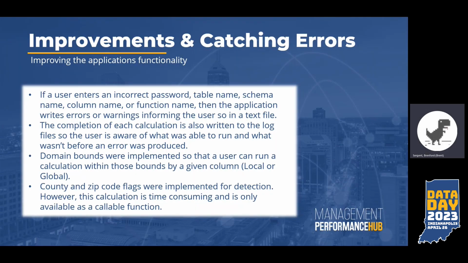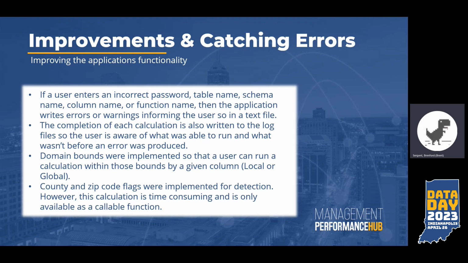So again, we're just going to go over some error catching and improvements. First thing was to account for human errors such as incorrect credentials or maybe an invalid schema name or invalid table name. And so we had to do that and give out the appropriate error messages. Then we added a log file, which posted when calculations for columns were complete and at what time, so you could understand where the application was.